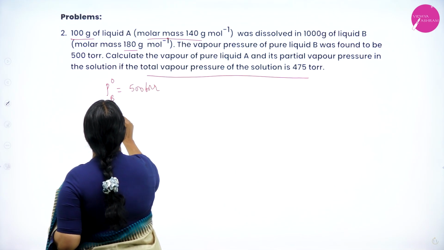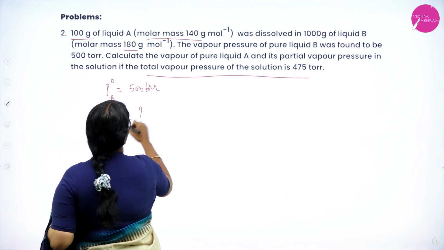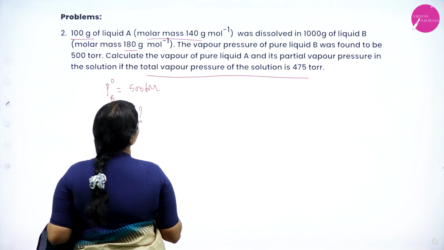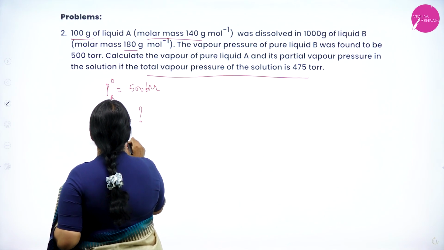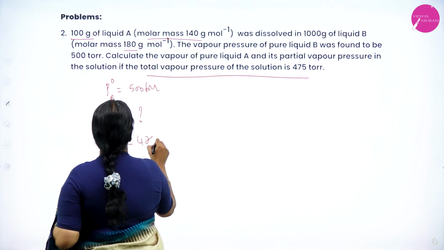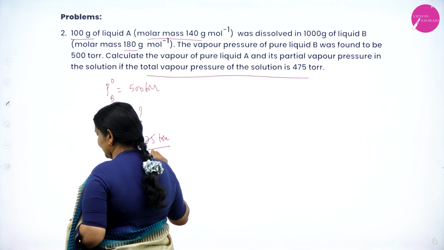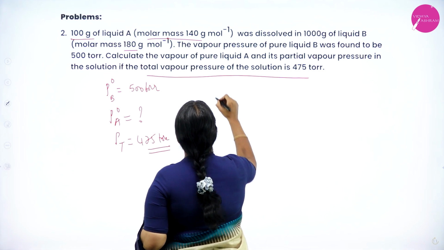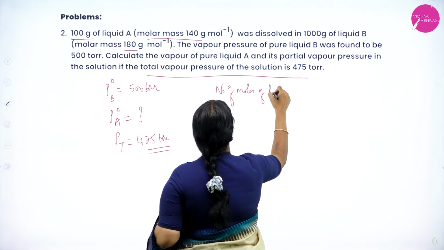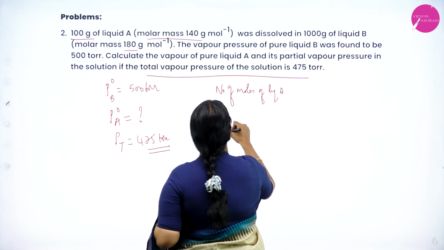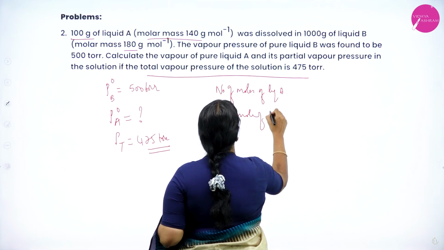You have to calculate PA naught, the pure liquid, and its partial pressure in the solution if the PT is 475 torr. Okay. Now you have to find out the number of moles of liquid A and number of moles of liquid B.